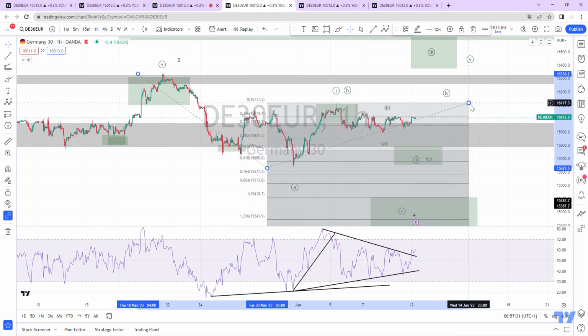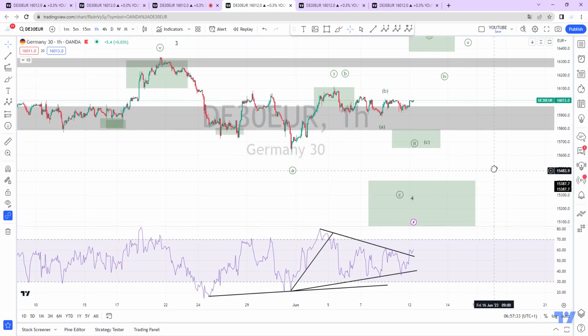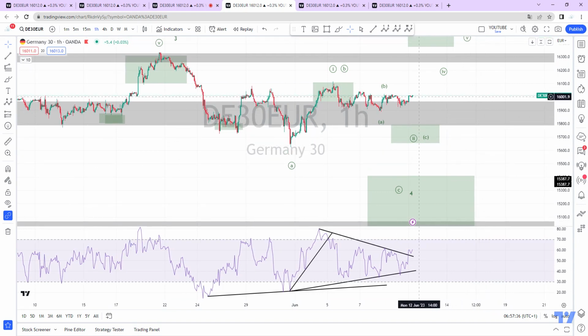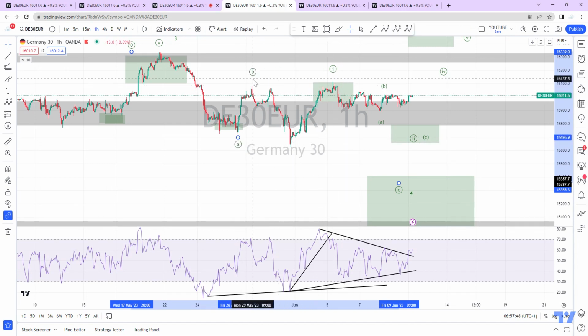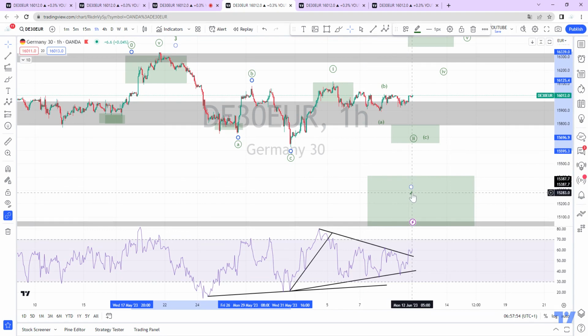Now, for now, this is not my primary scenario. Price is too far now from this area, so I cannot assume that we will do this. But please also consider it as a scenario that is possible.